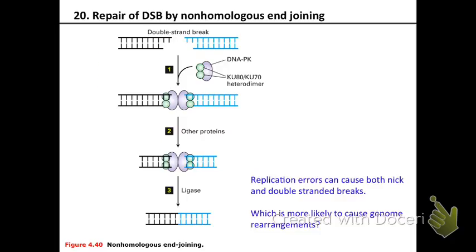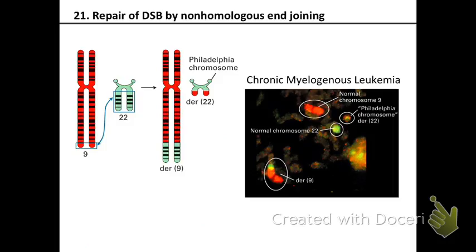All right. Here's an example of such rearrangement that occur in chronic myelogenous leukemia. So what you have here is a famous chromosome called Philadelphia chromosome that arises from a translocation between chromosome 9 and chromosome 22.